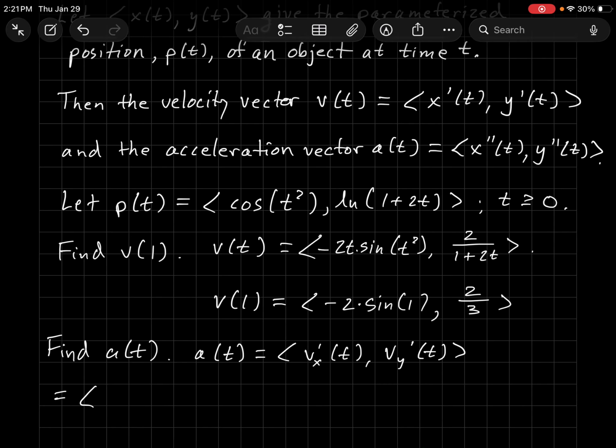So let's take the derivative of the x part of velocity. All right, we have a product rule heading our way, so negative 2 times the sine of t squared plus negative 2t times another 2t cosine of t squared.